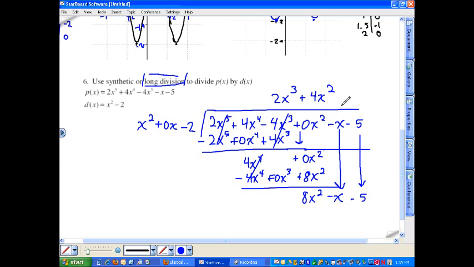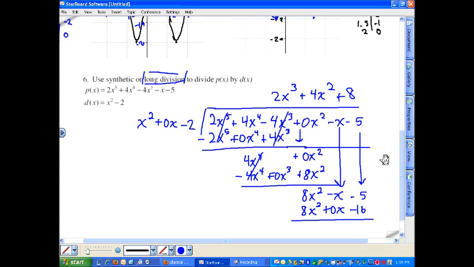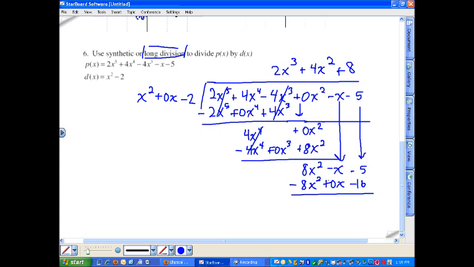Now x squared into 8x squared is 8 multiplied through, draw your line, change the sign. Cancels. Negative x plus nothing is negative x. Negative 5 plus 16 is 11. This is your remainder.